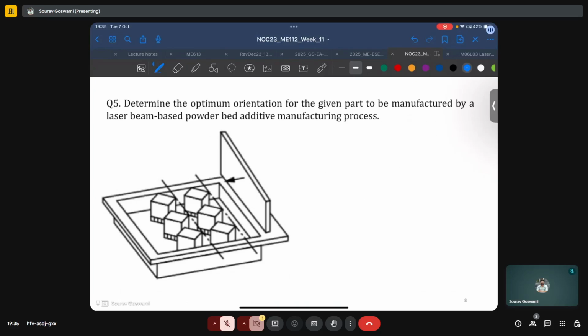So let us see if there is any further optimization or reorientation or readjustment which can make this print better. So please take a minute to consider what other changes can be performed here, and maybe you can get some hint from these lines which are parallel to the recoater axis.